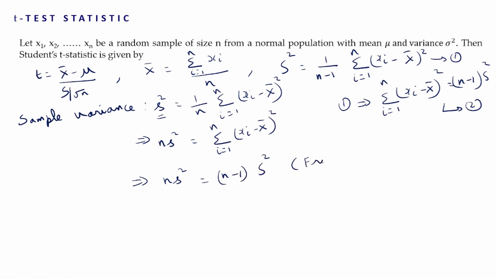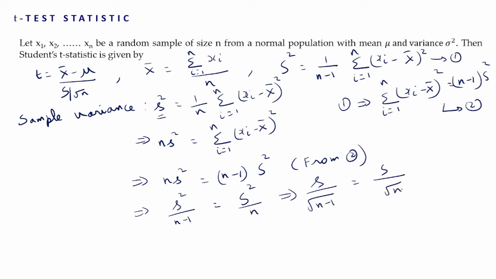This is from 2. So we have s square upon n minus 1 equal to capital S square upon n. This implies small s by root n minus 1 equal to capital S by root n.